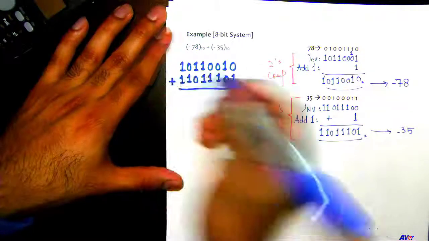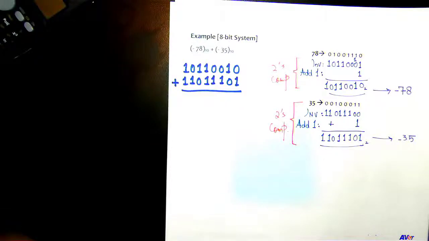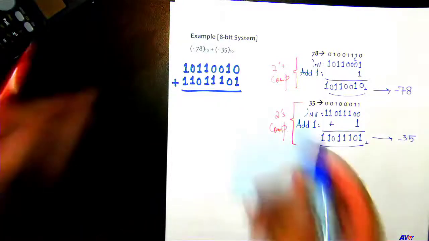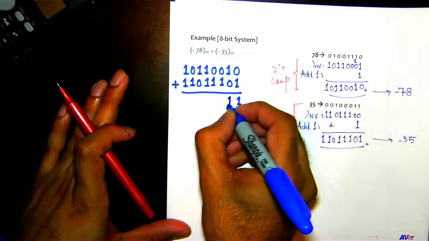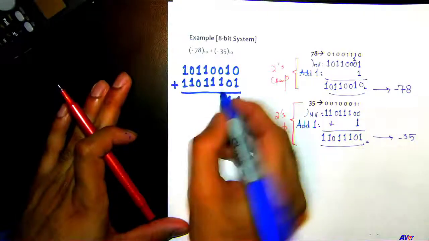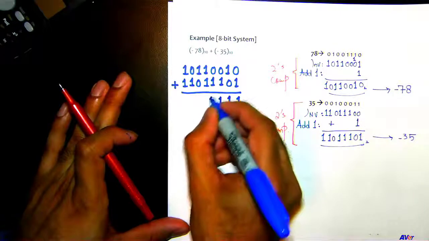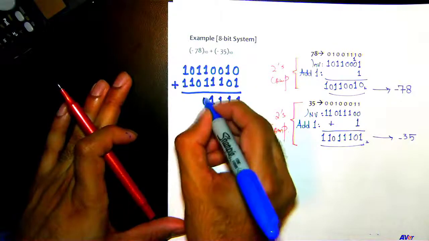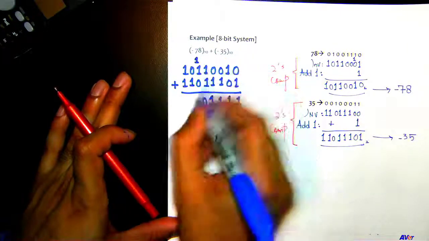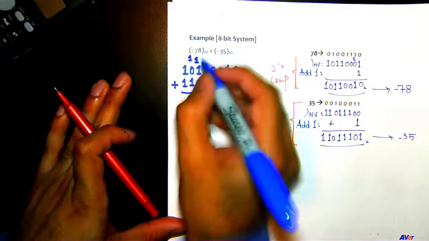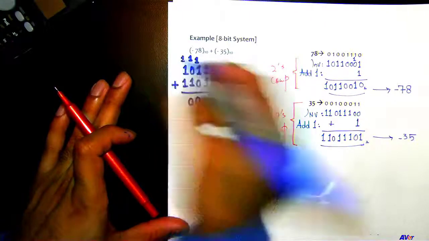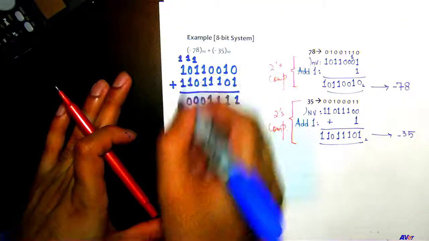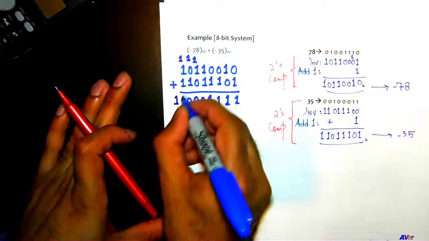And then we are adding it. Okay. What do we get? 0 plus 1 is 1. 1 plus 0 is 1. 1 plus 0 is 1. 1 plus 0 is 1. 1 plus 1 sum is 0, carry is 1. 1 plus 1 sum is 0, carry is 1. 1 plus 1 sum is 0, carry is 1. And then 1 plus 1 plus 1 gives you 1, 1.